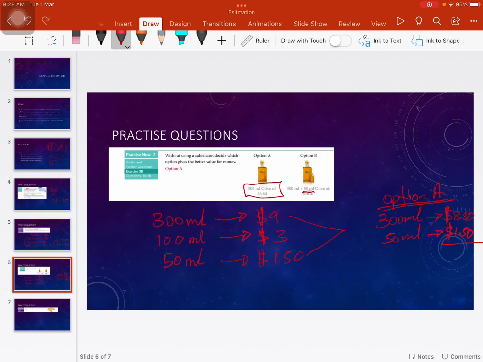So at the end of the day, it should give me $10.30. Now, what this suggests is that option A is cheaper.